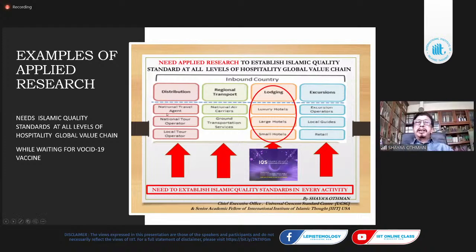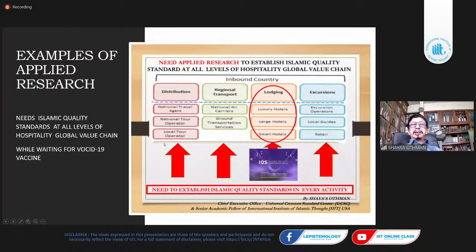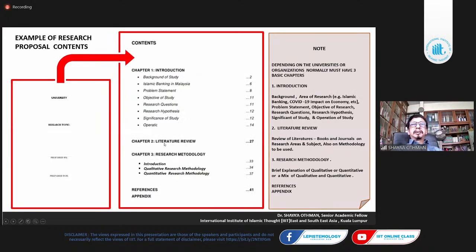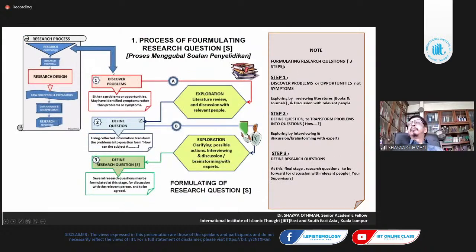It depends on your area of research. Nowadays it is borderless. There may be a general problem, and there must also be a local problem.